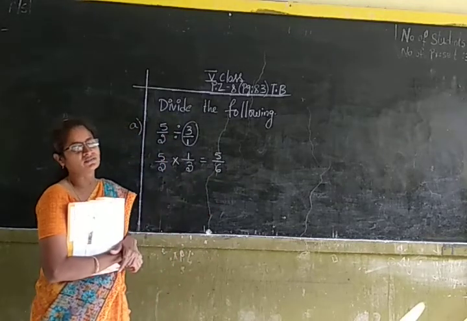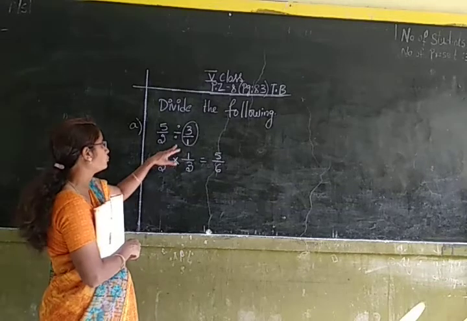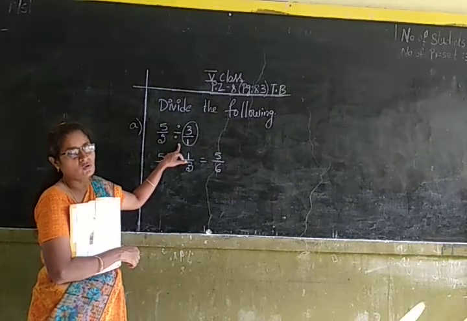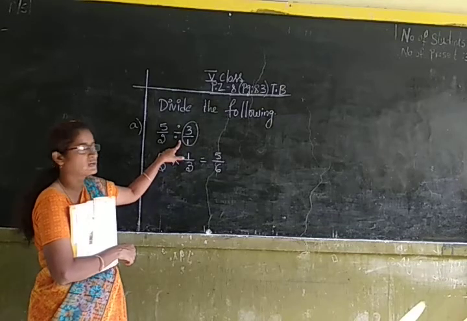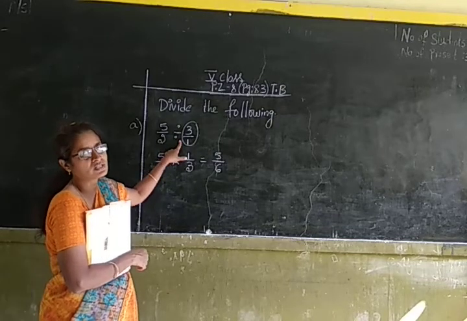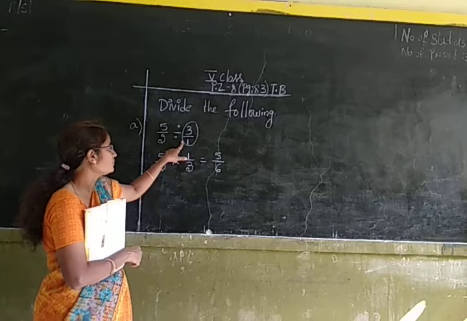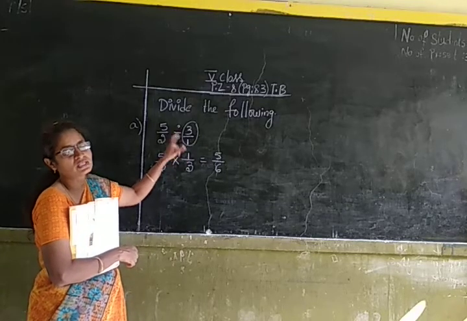Did you understand, children? First, you have to write down the reciprocal of the whole number. Here the whole number is 3. You assume there is 1 under 3 and write down the reciprocal, so the reciprocal of 3 by 1 is 1 by 3.